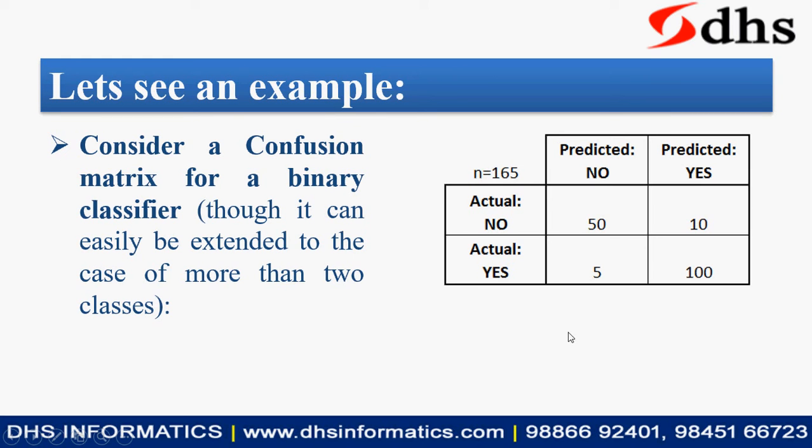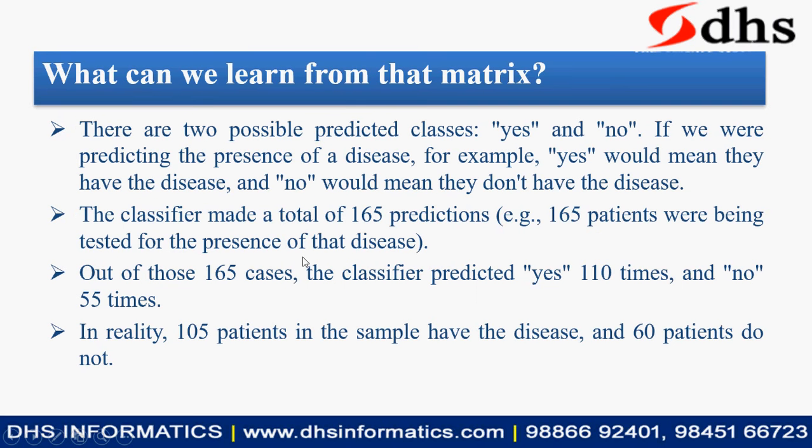Maybe you can understand: 105 patients are having COVID-19. It predicted 100 people having COVID-19, but for 5 it is telling they are not having COVID-19. And here 60 people are not having COVID, but it is predicting 50 are not having COVID, and 10 people are having COVID. Like that it is predicting.